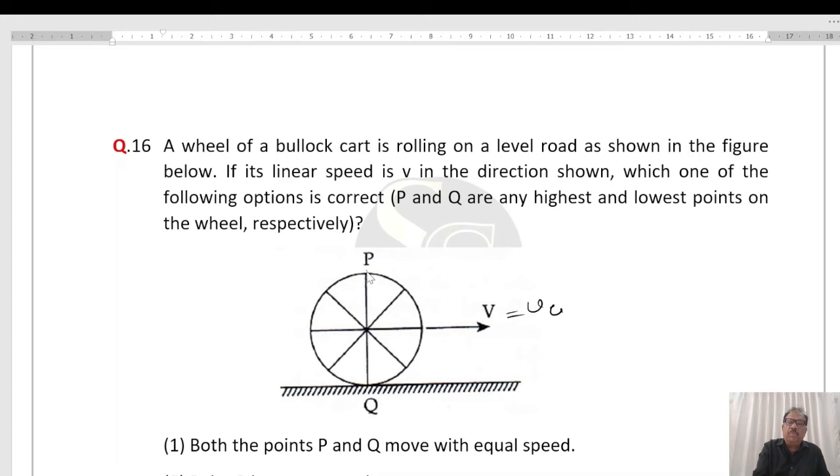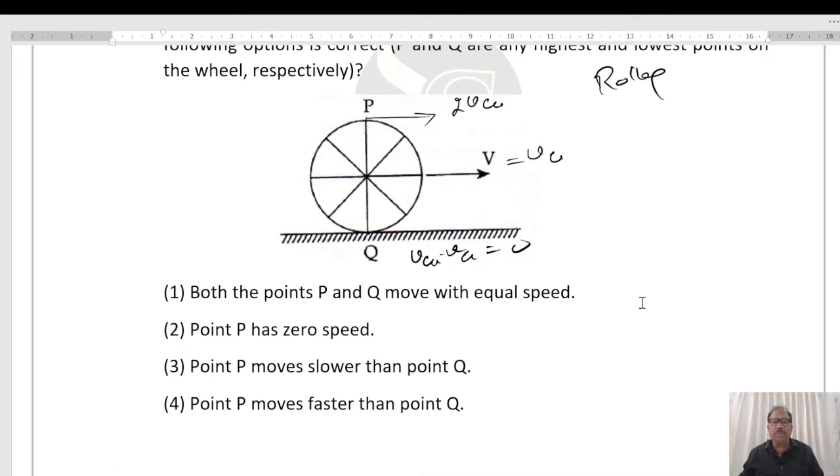The velocity at the highest point in case of pure rolling is twice VCM, and at the lowest point it is VCM minus VCM, that comes out to 0. So at the point of contact the velocity will be 0, and at the top it will be double of this, right? So see the possible options. Point P moves faster than point Q. Fourth option is correct, right? Next question.